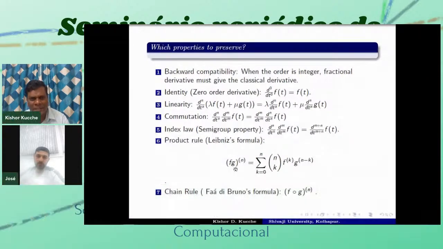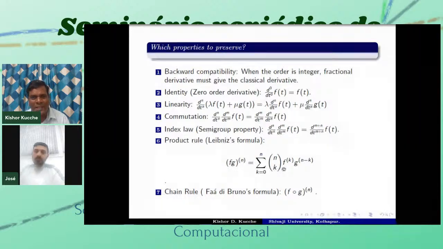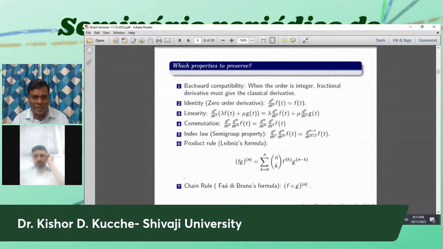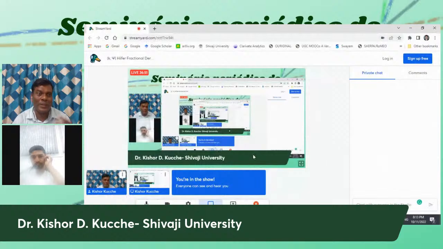You can take a simple example, f of t equal to t, g of t equal to t. In the case of the Riemann-Liouville derivative, here we get some classical derivative, and here we get some fractional derivative, and we know that the classical derivative does not equal the fractional derivative when we take real order. So this is the main difficulty when we consider the Leibniz rule for fractional derivatives.